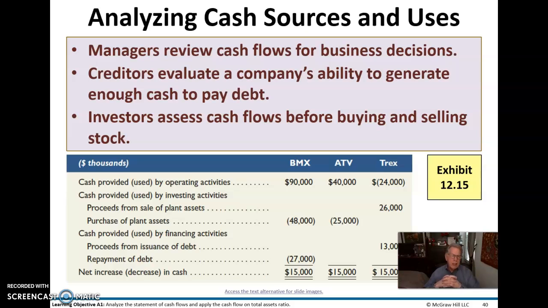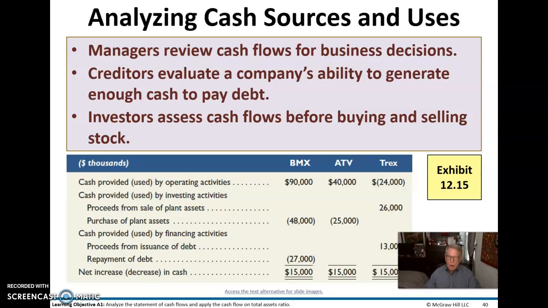And I think as you get into chapter 24 in 1B, you'll see that that's in fact true. Creditors evaluate a company's ability to generate enough cash to pay their debts. Of course, so do banks. Whether you're personal or professional, you can bet that that's going to be the case. The investors assess cash flows before buying and selling stock.